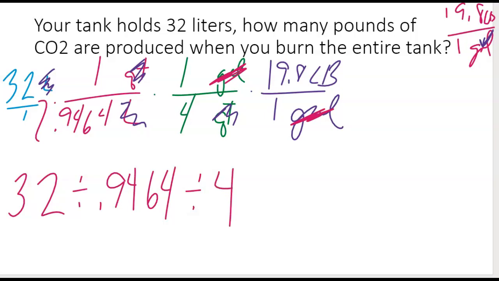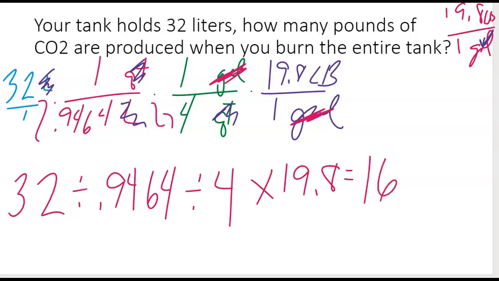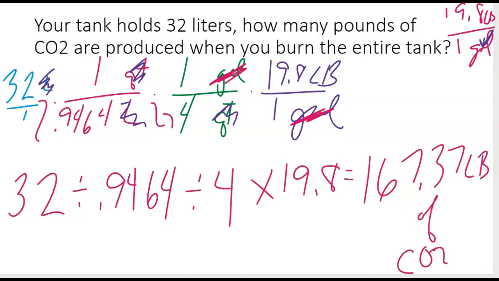I divide by 4 because it's in the bottom, and then I multiply by 19.8. So when I do that, I come up with an answer of 167.37 pounds of CO2. Now, notice I'm not real picky on my rounding right now. I'm really just focused on the content, like getting the right numbers down.